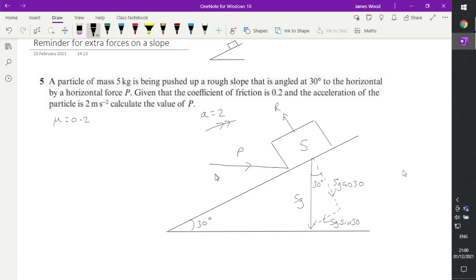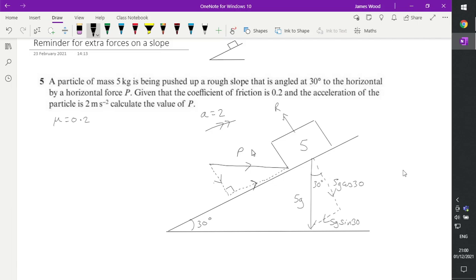Now P, we can resolve this again into parallel and perpendicular to the slope. Make your real force the hypotenuse. That was the tip that I told you last time. So that's the right angle there. So if P is going into the block to push it up, there must be a component which goes this way, and then the other component must go up the slope, like that.